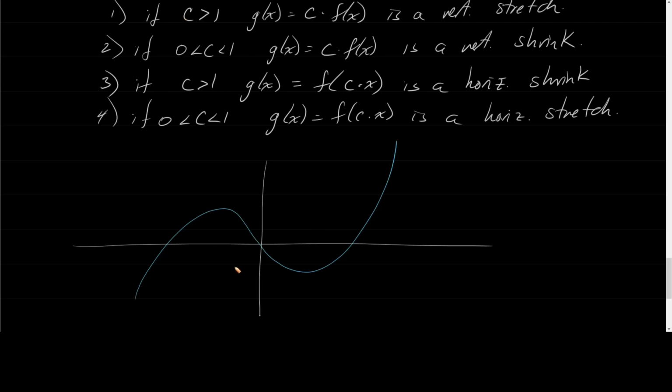In here, this very first one, which I'll do in yellow, if I've got a vertical stretch, that means I'm pulling this upwards, pulling this downwards. So the positive stuff becomes more positive, the negative stuff becomes more negative, but the zeros stay where they're at. And in here, I'm just going to shift this up a little bit because I don't want you to think that it has to go through the origin.